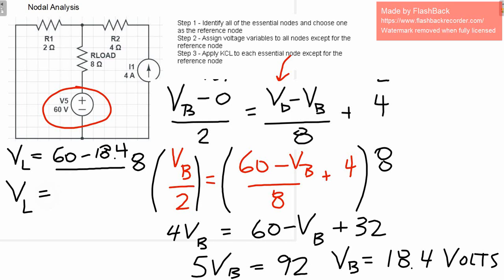But if we just want to find the voltage across the load, it's just 60 minus 18.4. And that gives us 41.6 volts. So there, we know the load voltage. So that's the drop across. It's a drop of 41.6 volts as we go upward, if you will.